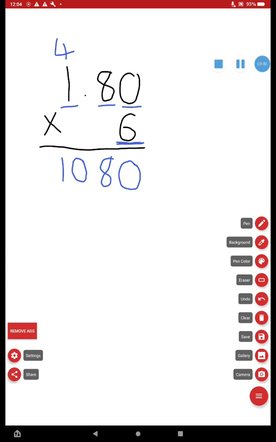No, remember, count your decimal points. Here's the decimal point. How many numbers are to the right? 1, 2. So that means I need 2 numbers to the right of the decimal point. So for 6 pounds of apples at $1.80 per pound, I'm going to spend $10.80.